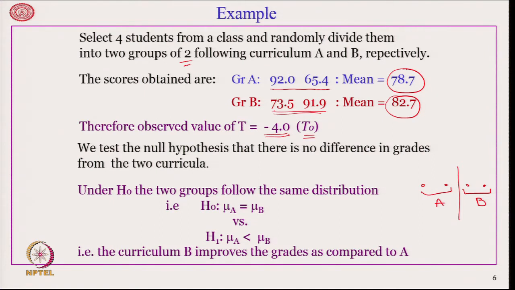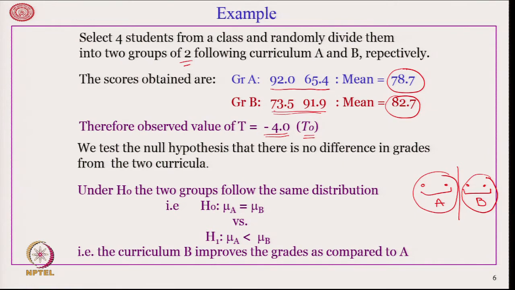Now, we want to test under the null hypothesis that there is no difference in grades from the two curricula. That means, students who are coming from this population, there is no variation in their grades.